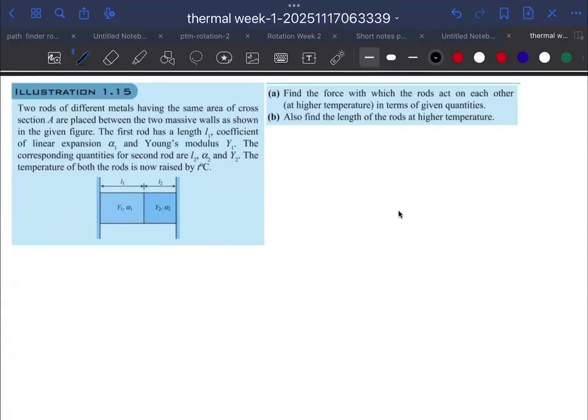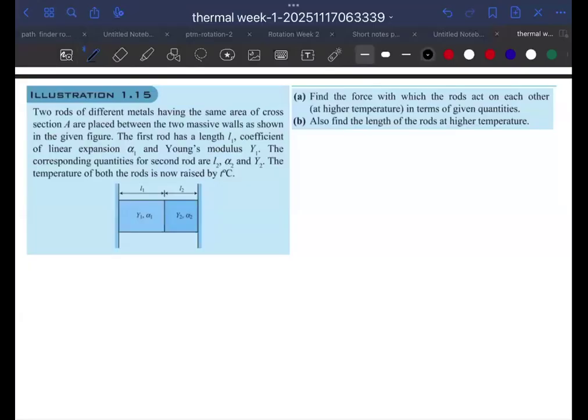Two rods of different metals having the same area of cross section A are placed between the two massive walls as shown. Here, I'll honestly give you 5 minutes of time. On phone, it won't run fast.